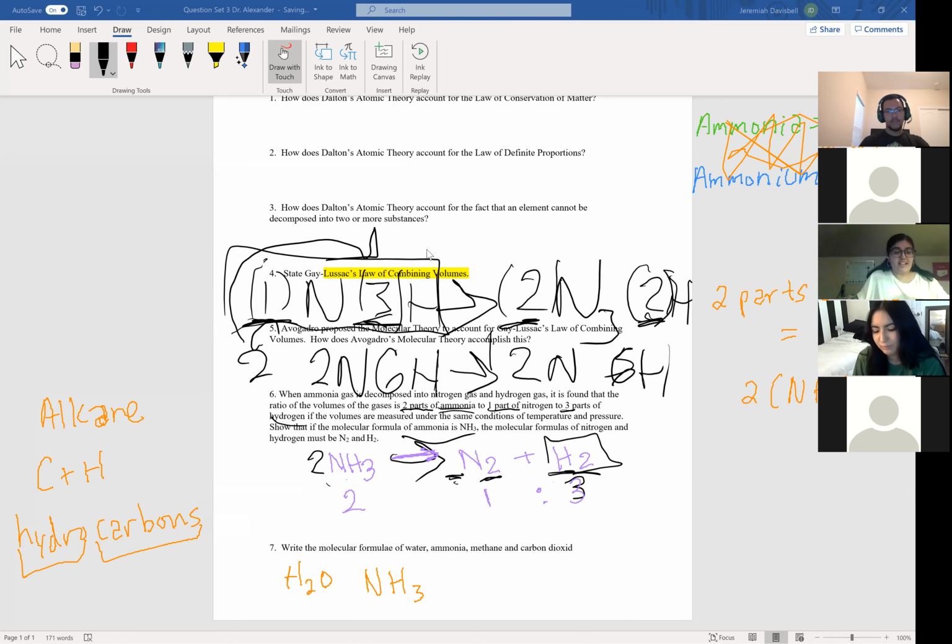So methane is a hydrocarbon, and there's a special rule for naming hydrocarbons. And actually methane is one of those special exceptions. Does anybody know what the exception is? Okay, how do we normally name covalent bonds? Do we use prefixes, suffixes?